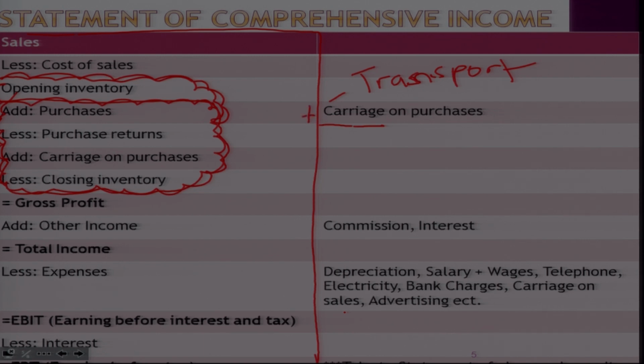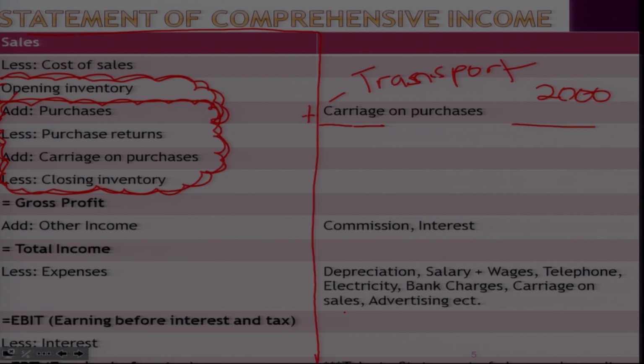So you then have to add carriage on purchases. Then your purchase returns, let's say you bought for 2,000, right? But you're not happy when you receive the goods and they tell you there is a return policy. You send back goods worth 500, meaning you started off with 2,000, that's what you owed the people you bought it from. Then you must send back 500.